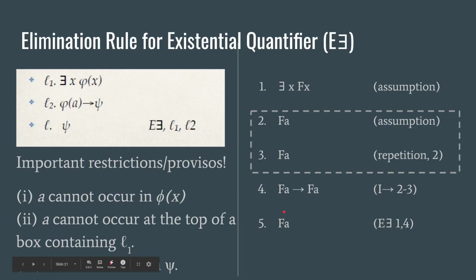But we violated proviso 3 here. Notice, proviso 3 says a cannot occur in psi. But here a does occur in psi. So this third proviso is blocking us from the faulty reasoning of being able to say, look, there is something that's F. Therefore, whatever old thing I want is F.